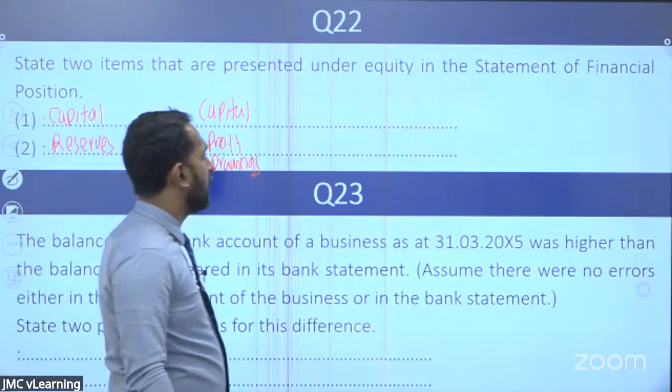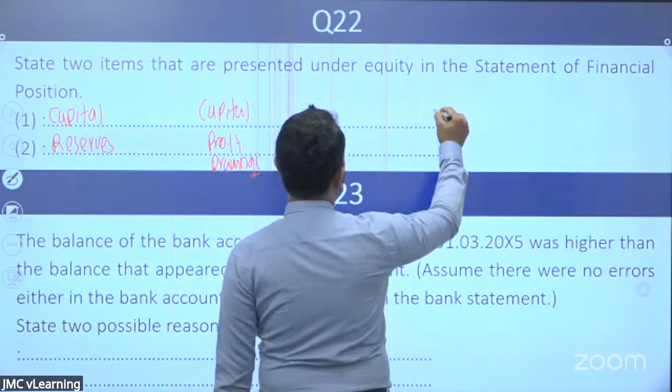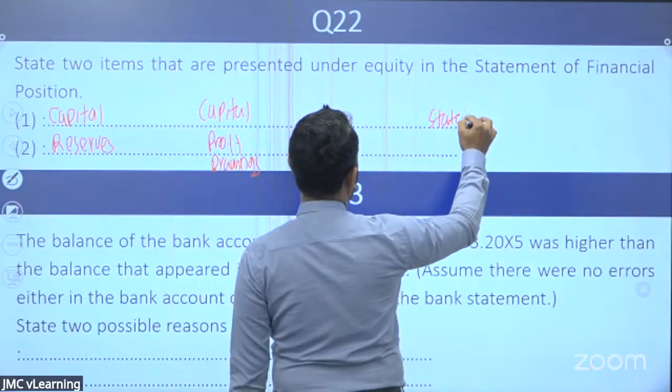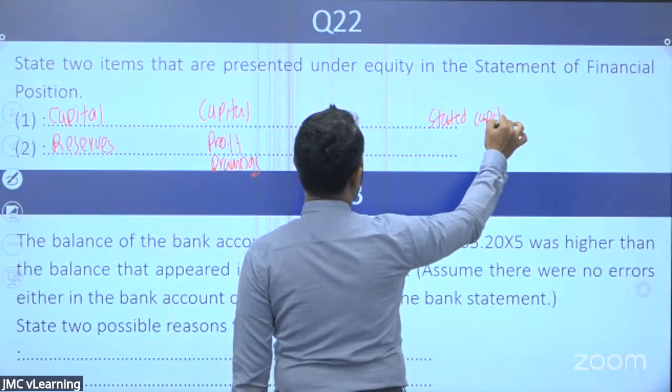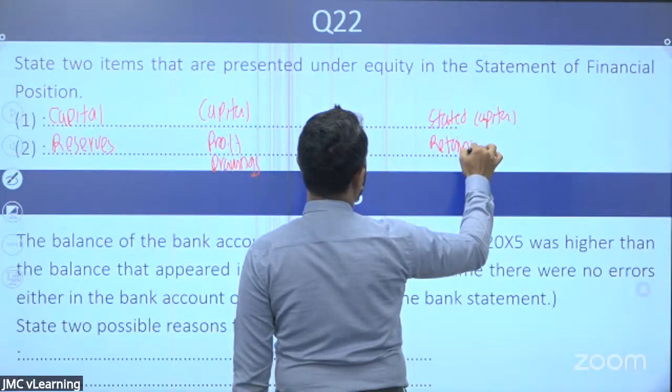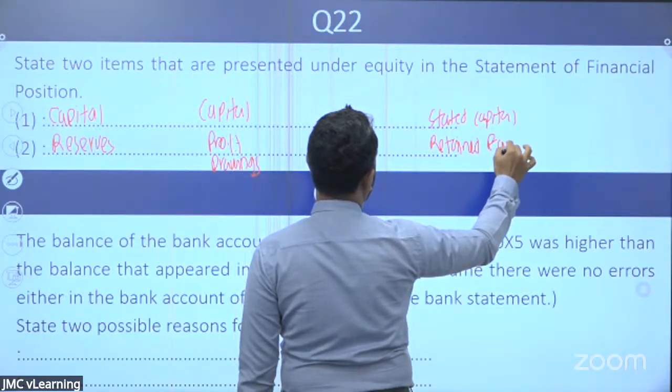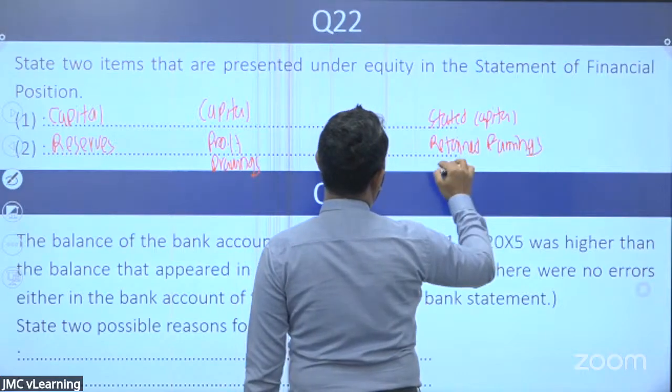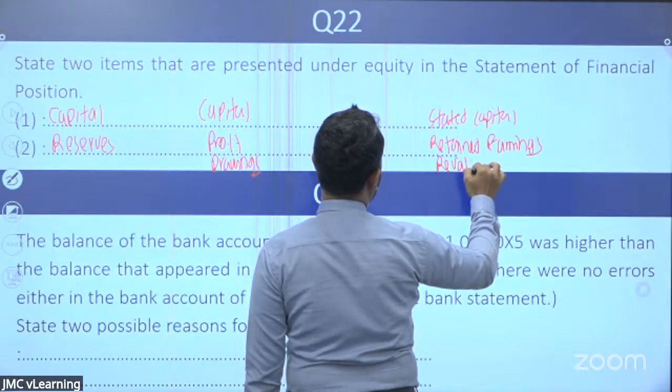Someone could have written this as stated capital, retained earnings, revaluation reserve.